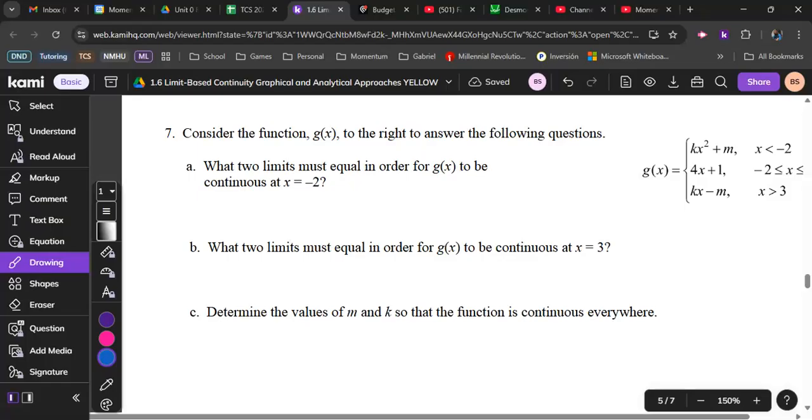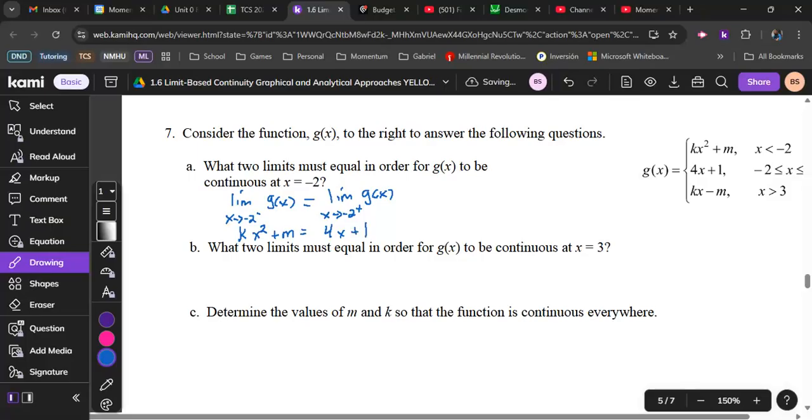All right. So what are my 2 limits that need to be equal? At x equals negative 2, I need the limit as x approaches negative 2 from the left of g of x to be equal to the limit as x approaches negative 2 from the right of g of x. And if we plug in what those things are, I can look up here, and I'm going to get kx squared plus m is equal to 4x plus 1.